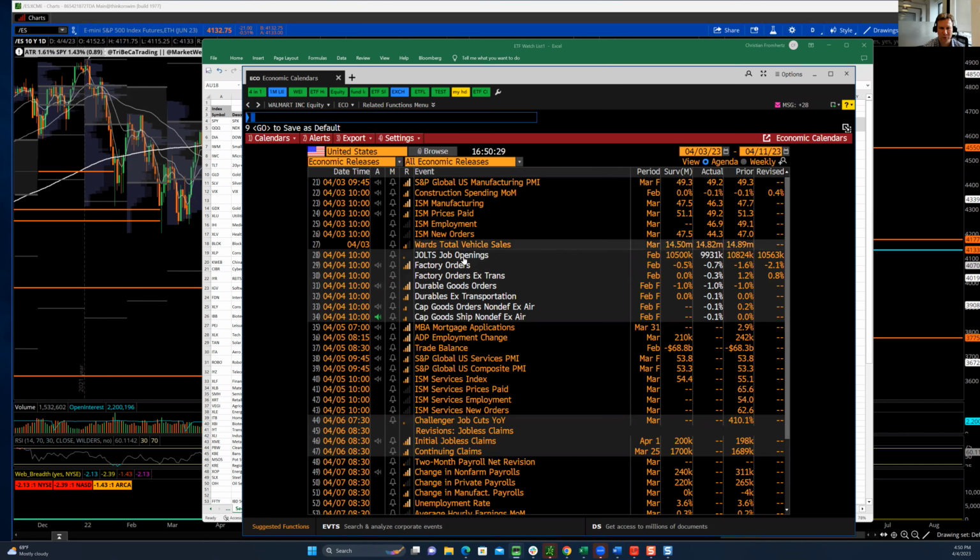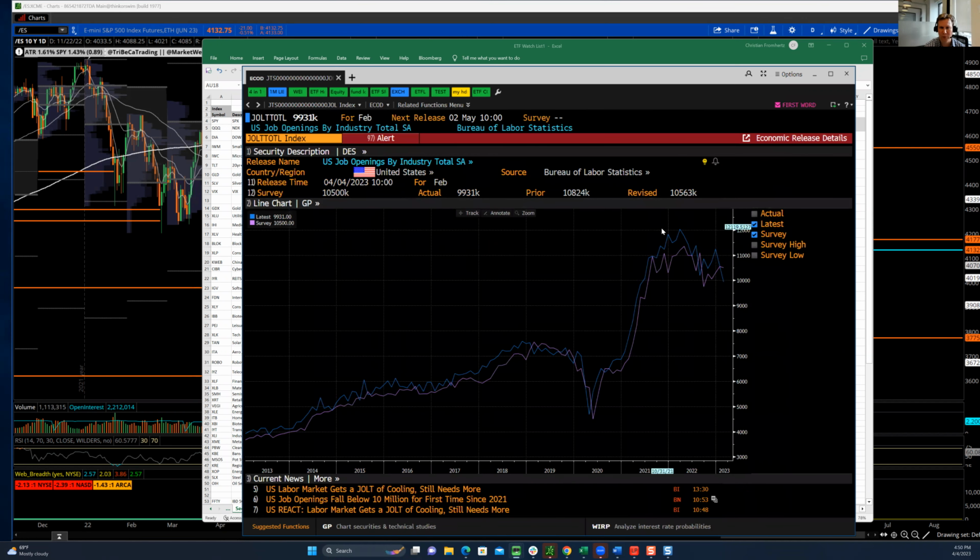It's kind of interesting when you open this up and look at the blue line, which is the actual number, versus the survey number. You can see this is the lowest it has been basically since the beginning of 2021. This was a really soft reading.